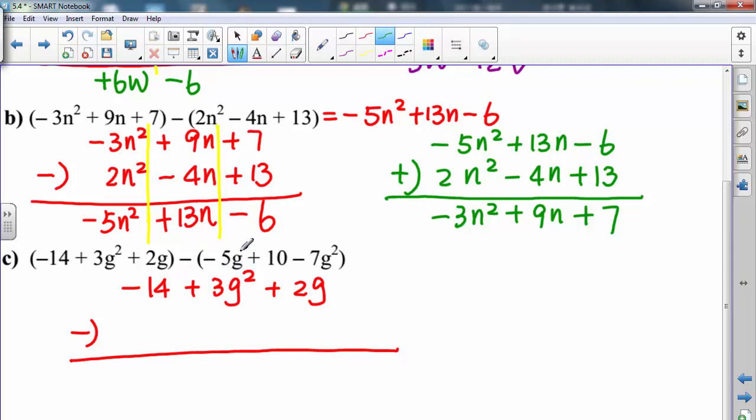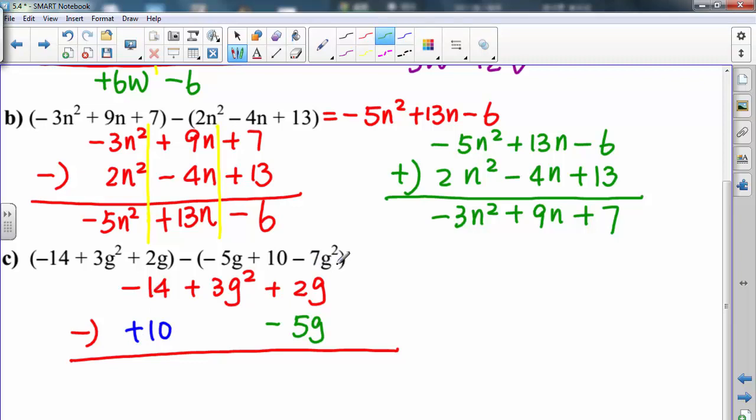Negative 5g, that's the first term in the second polynomial. Negative 5g is the like term with positive 2g. So I put this one under positive 2g. Positive 10 is the like term with negative 14. So I put positive 10 under negative 14.